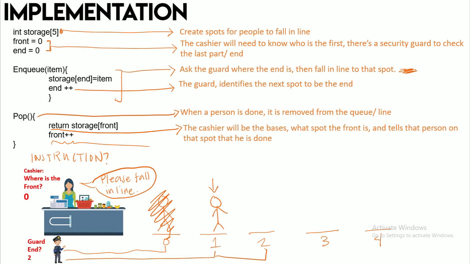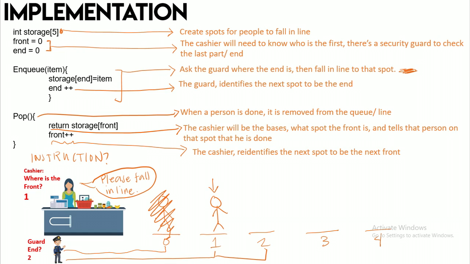Then, when the person is removed, the cashier identifies where the next front spot is, since the first spot was already used and the element there is removed. So the next front spot will be the next person in line.